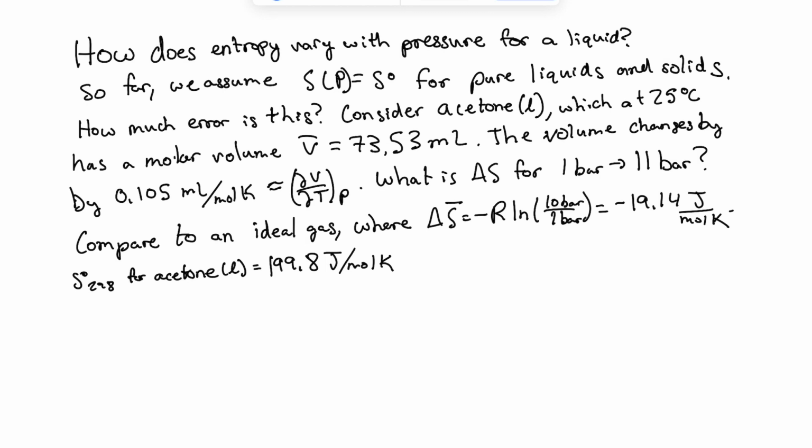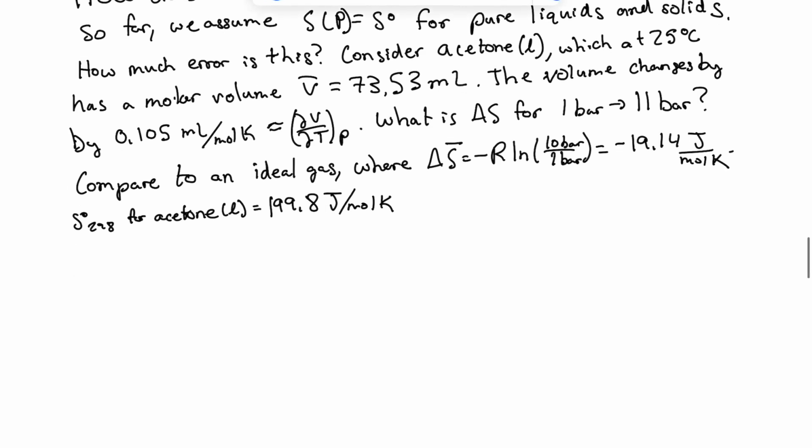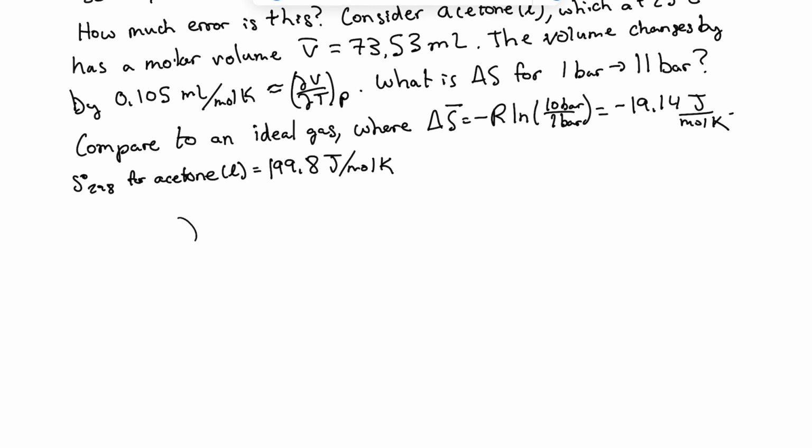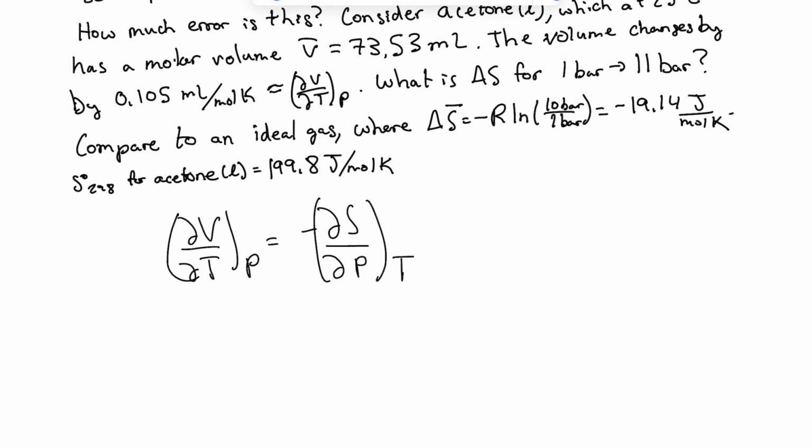So since dV/dT at constant pressure is basically equal to that constant 0.105 milliliters per mole Kelvin, we can now calculate how the entropy changes with pressure as I crank up the pressure. So what is that? Well, we just apply our cross-derived relationship that we just got. dV/dT at constant pressure is equal to negative dS/dP at constant temperature.